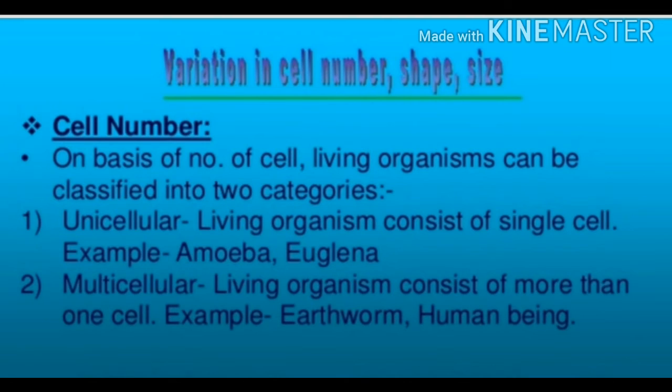On the basis of number of cells, living organisms can be classified into two categories: unicellular and multicellular. Unicellular means the living organism consists of a single cell. Examples: amoeba, euglena. Multicellular means the living organism consists of more than one cell. Examples: earthworm, human being.